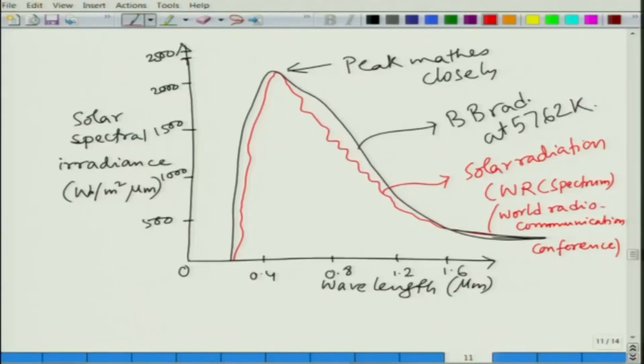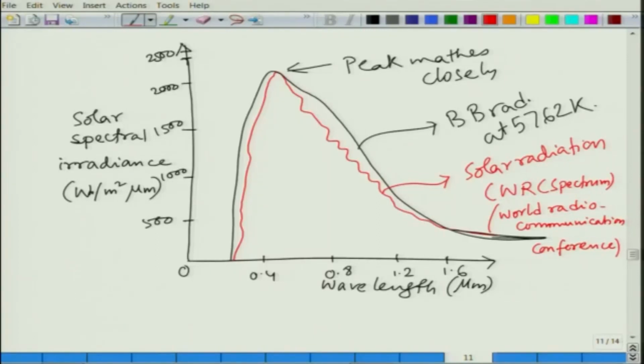So, the first class introduces you to the basics of the structure of the sun, the basics of solar radiation, how we can conveniently model it with a black body assumption, and where it differs. Okay. In the next class, we are going to see extraterrestrial radiation with respect to terrestrial radiation on the crust.